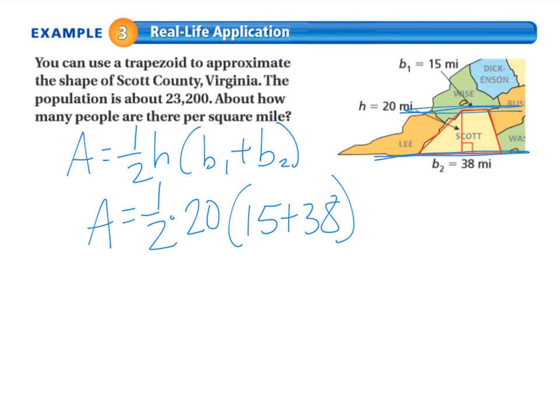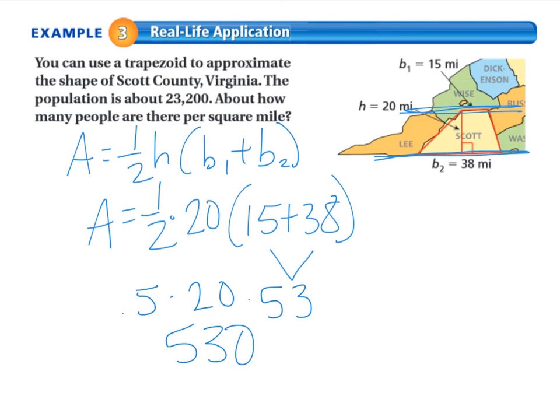Okay, so first I have to add 15 and 38, which is 53. And then I can multiply the rest out. So 0.5 times 20 times 53 is 530, and that's square miles.